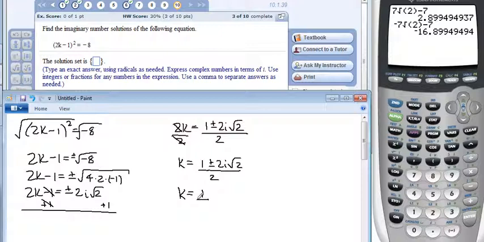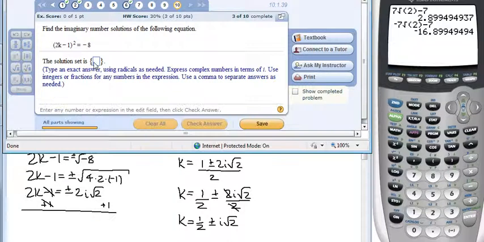So I will split this and divide each piece by 2, and then I will cancel my 2's here. And now am I done? Pretty sure I am. I have an a of half and I have a b of square root of 2. So this is the final form it's going to want it in, at least I think it is.